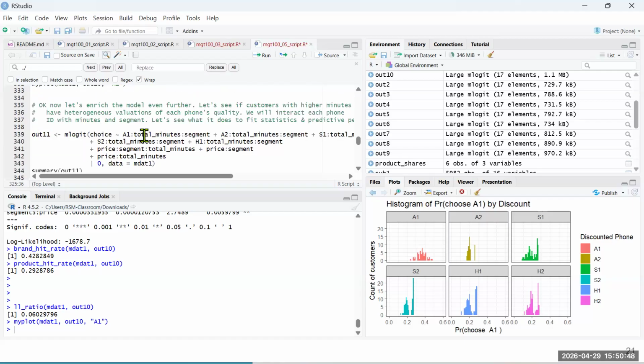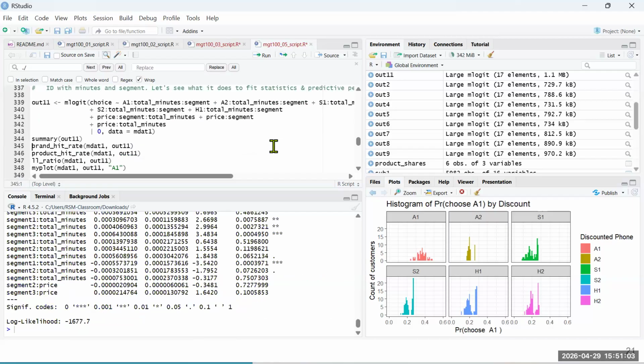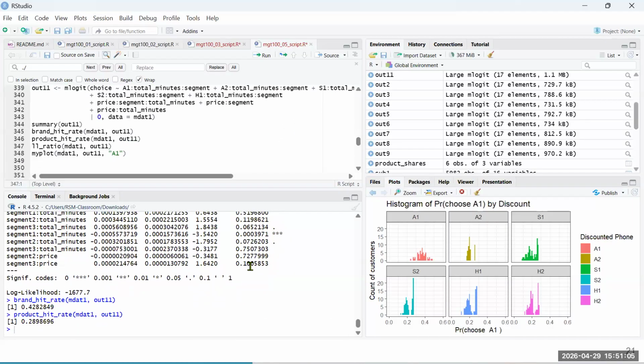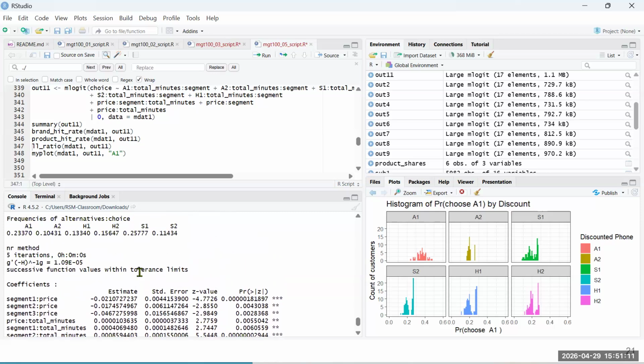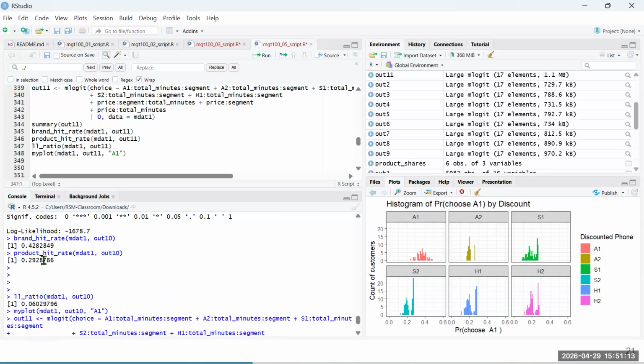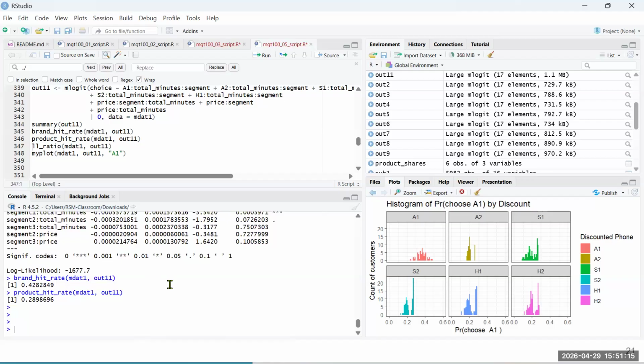And so now in model 11, we're going to have 3-way interactions between product, segment, and individual user minutes. And so we're adding a whole bunch of parameters. And what happens? Our product hit rate falls. Doesn't fall a lot. Falls from 29.3 down to about 29%.